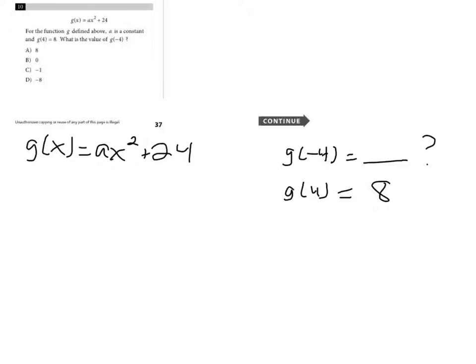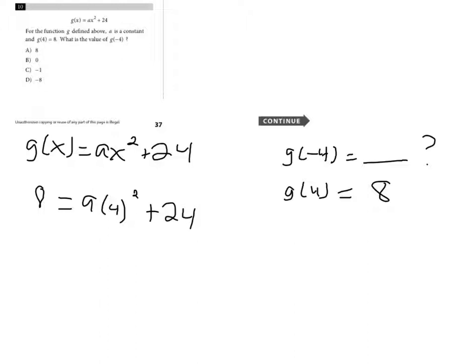What this allows me to do is, since g of x is the same thing as y, I could say 8 equals a times 4, since y equals 8 when x equals 4, and that's just my given, squared plus 24.